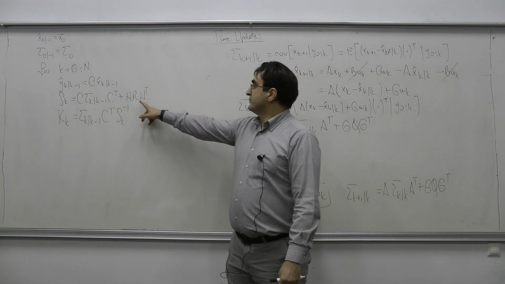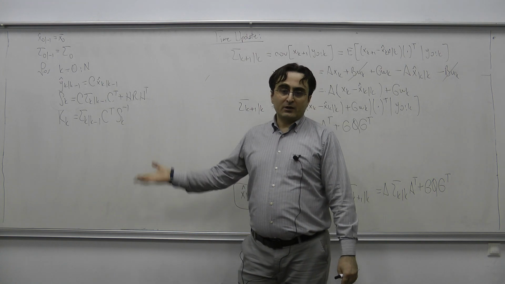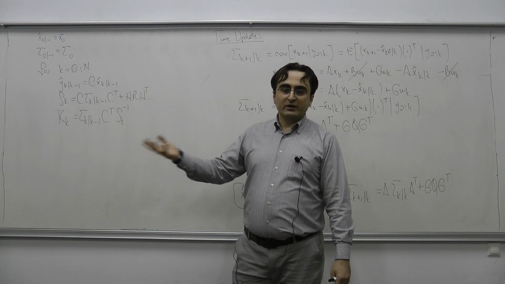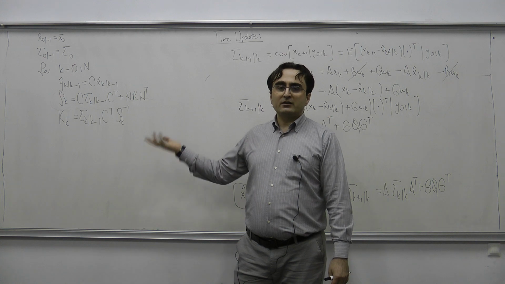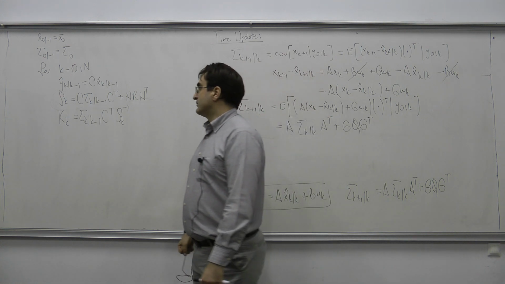So if the measurement noise covariance is very large, the Kalman gain becomes very small, meaning your filter includes the information of the measurements with a very small gain, so that it doesn't incorporate noise into its estimates.